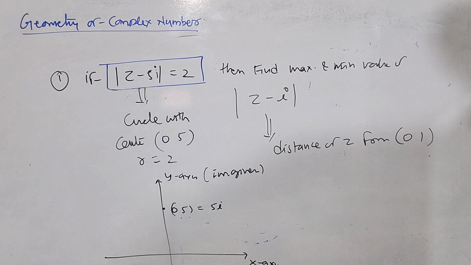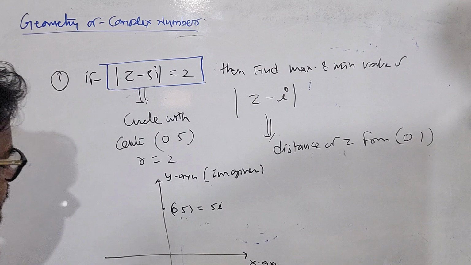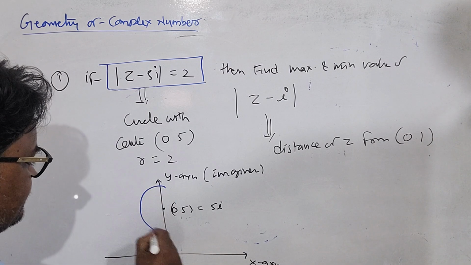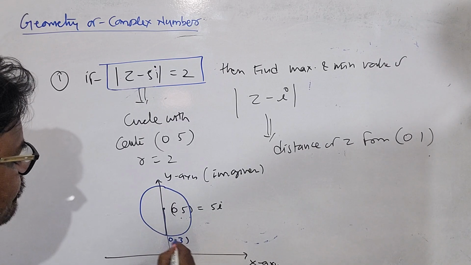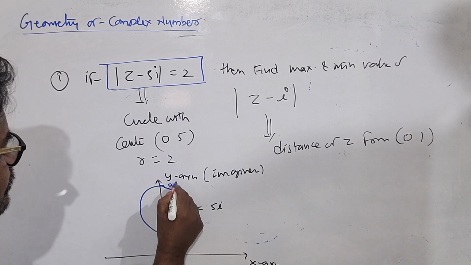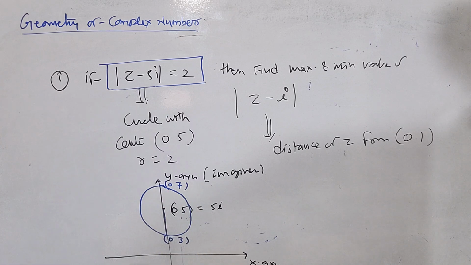Got it? Correct. So now (0, 5), the radius is 2, so the circle is something like this, with the new pen. So the radius is 2, therefore (0, 3) in coordinate geometry. This is (0, 7) in coordinate geometry.